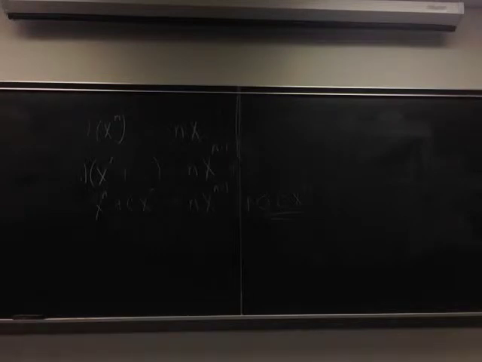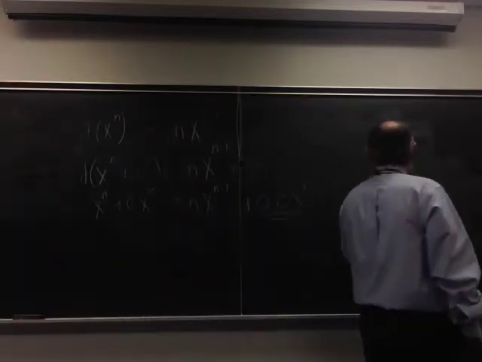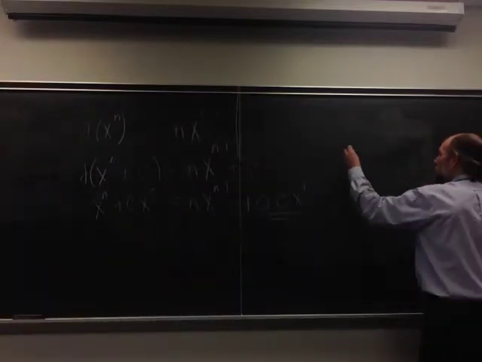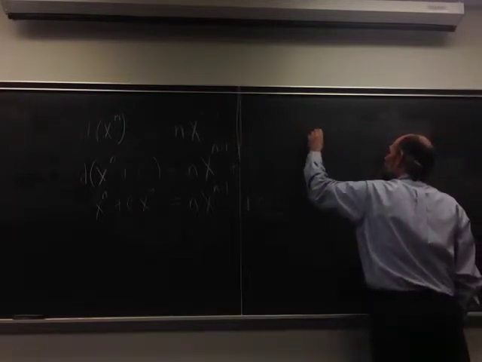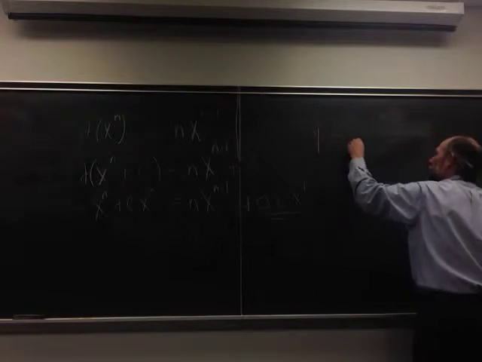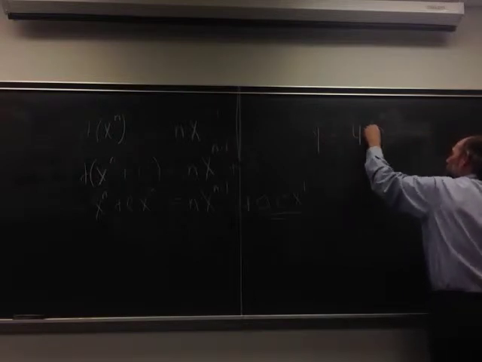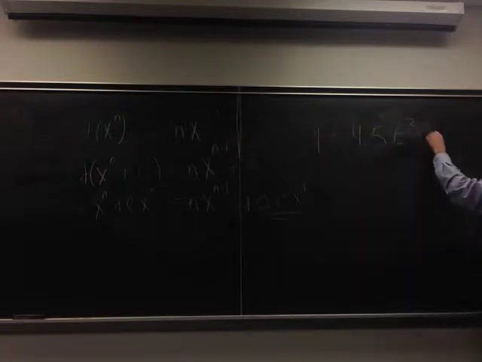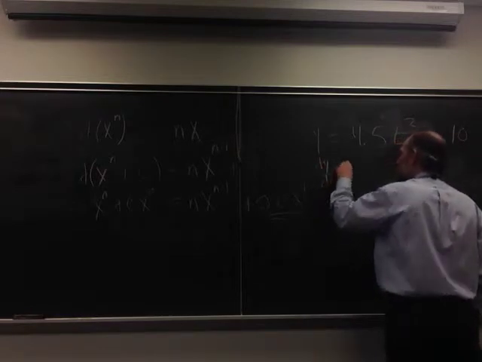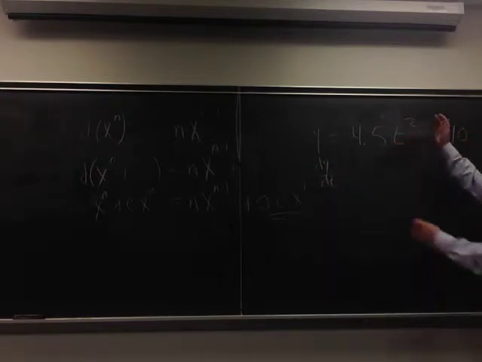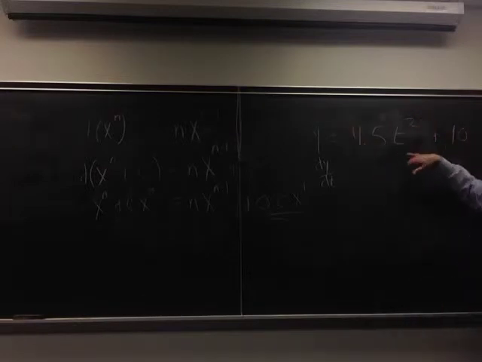Play with a number, like a 3 or something. Okay, let me go back to the equation. Let's say y is equal to 4.5 t squared plus 10. So the derivative of y with respect to t: take the derivative of this part.